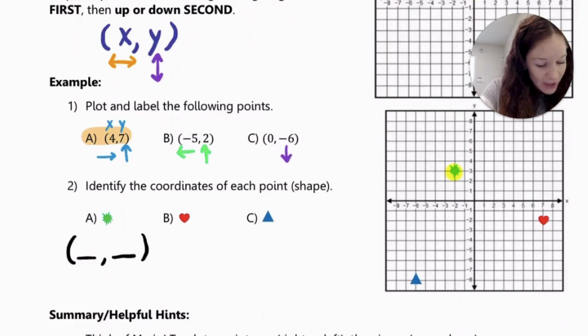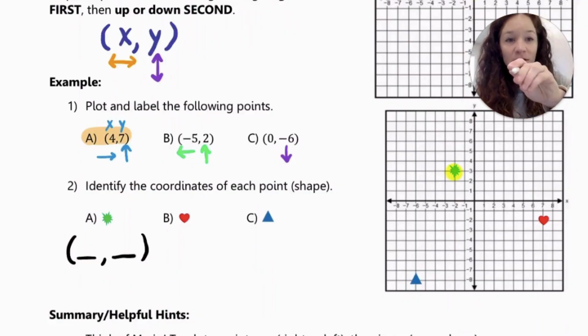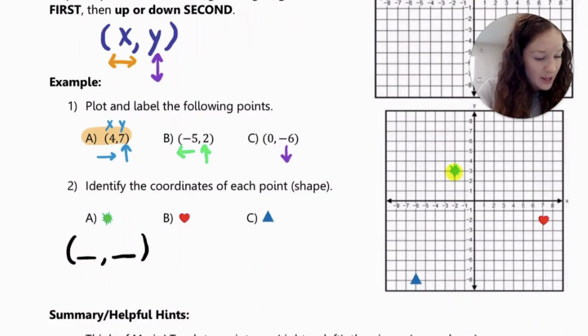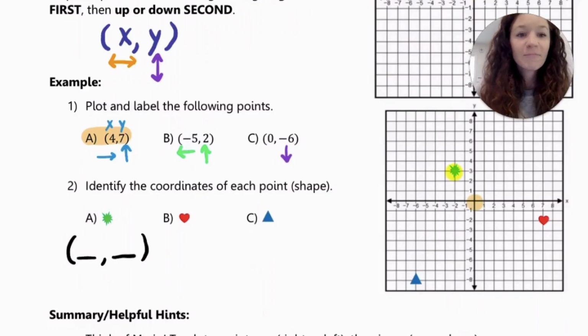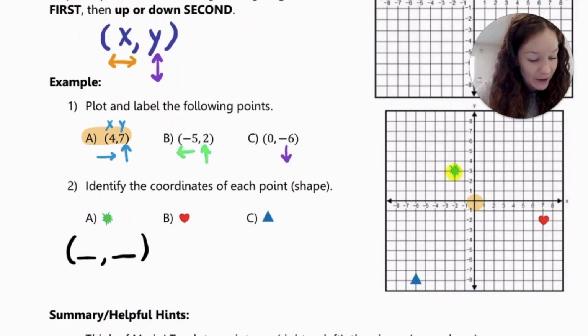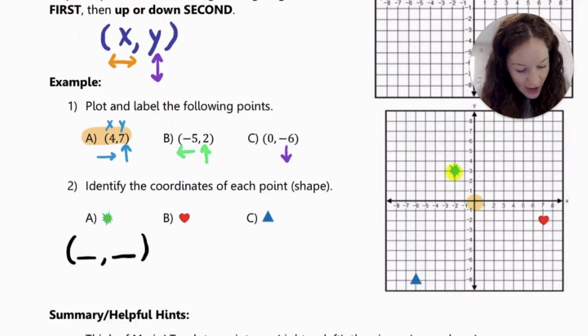And so, once again, and I wish I could show you like me pointing, I'm going to start at the origin, and then I'm going to say, okay, how do I get to that green firecracker? So I'm going to travel to the left, 1, 2, okay?